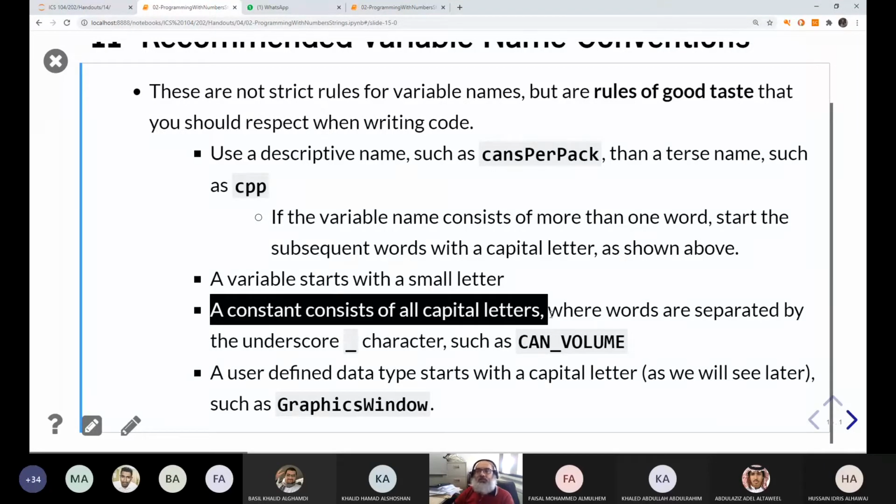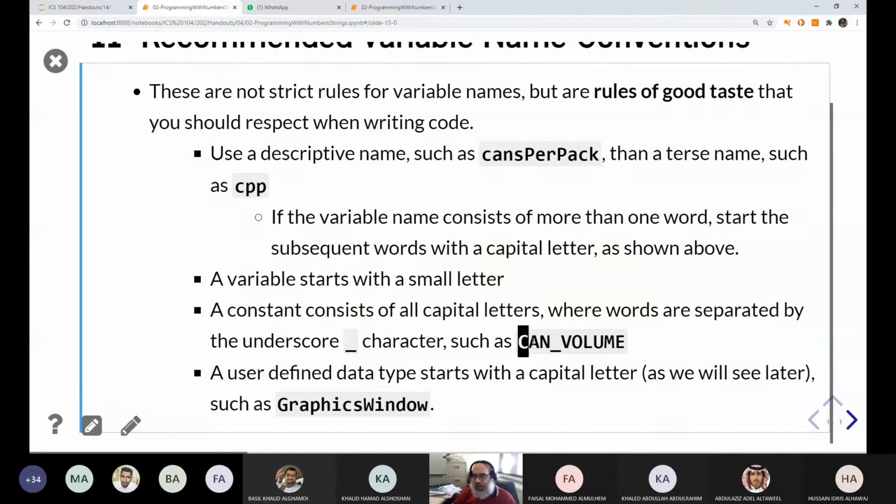What if I have two or more words in the constant? Of course, I cannot capitalize the subsequent words because they are all capital, so I use the underscore between the words. We have seen, for example, CAN_VOLUME. This will tell you that this is a constant.